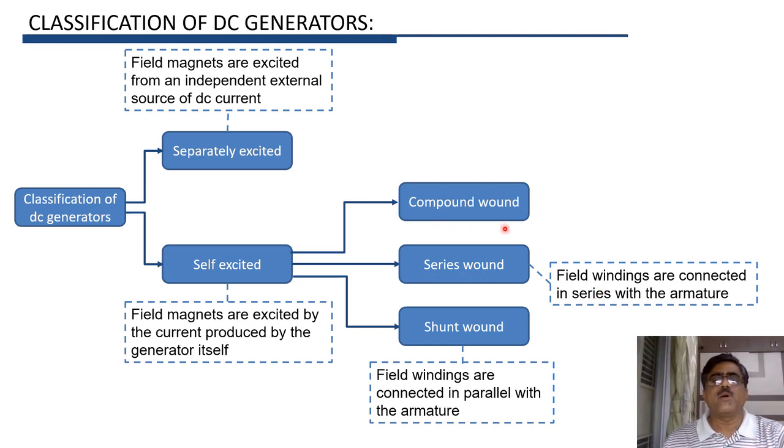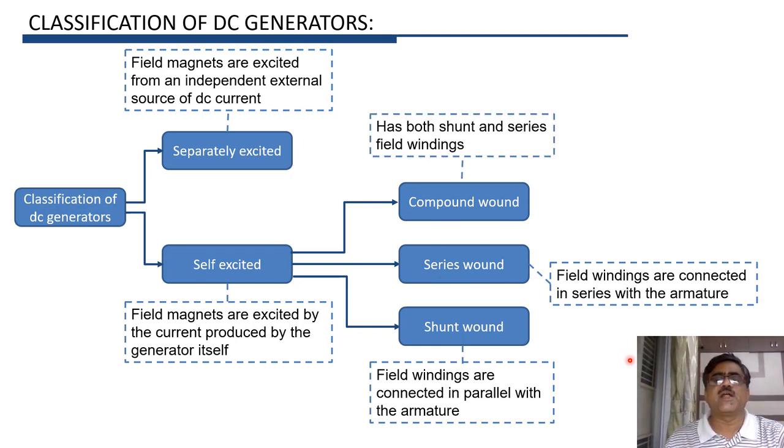Now the compound generator is a combination of shunt and series. So compound generator has both shunt and series field winding. So if both series and shunt field windings are used, it is called a compound generator.